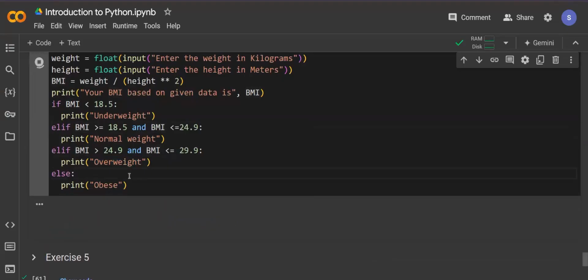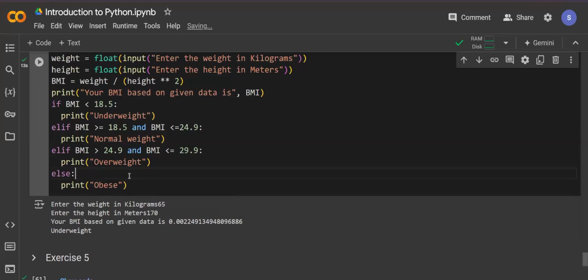Let's run once again. Enter the weight in kilograms once again. Let's say 65, a healthy weight. Enter the height in meters. Let's say 170. This is underweight because of the given data. Okay, my bad, I've given 170.